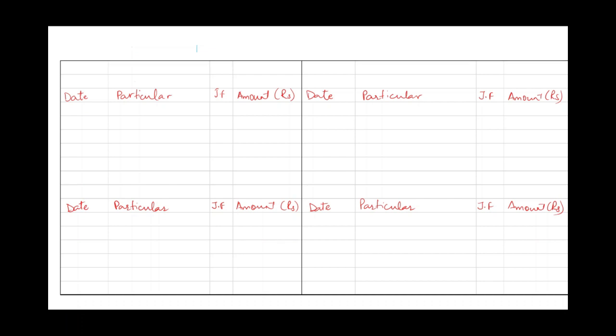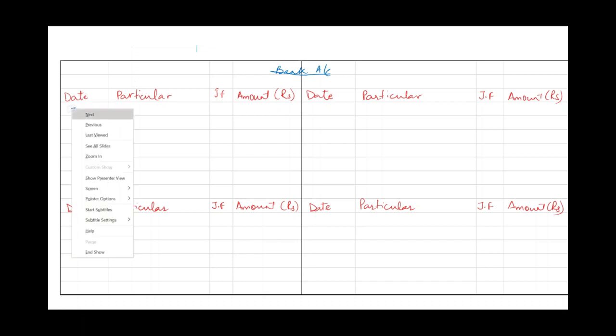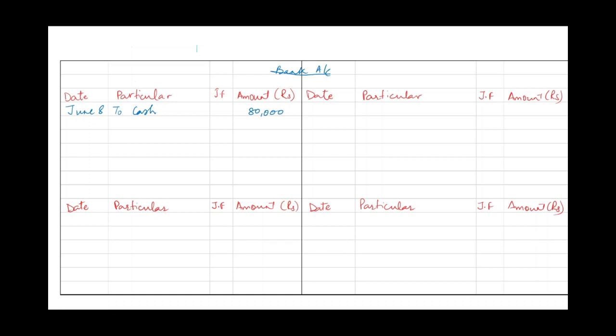So it says money is deposited in bank. So bank account debit on what date? On June 8th. So June 8th, bank account is opened. So I'll say to cash because money comes in bank. Amount is 80,000.